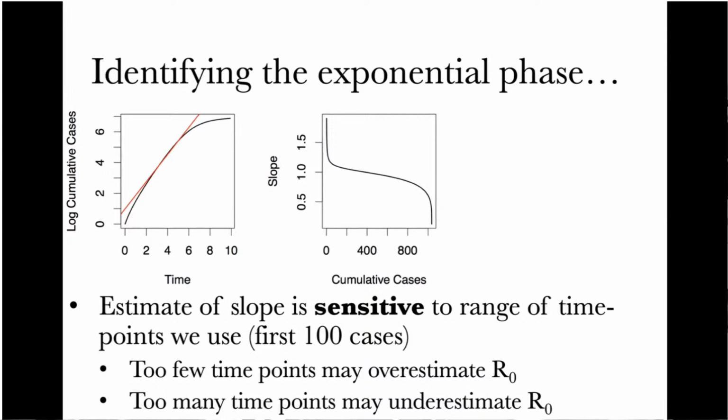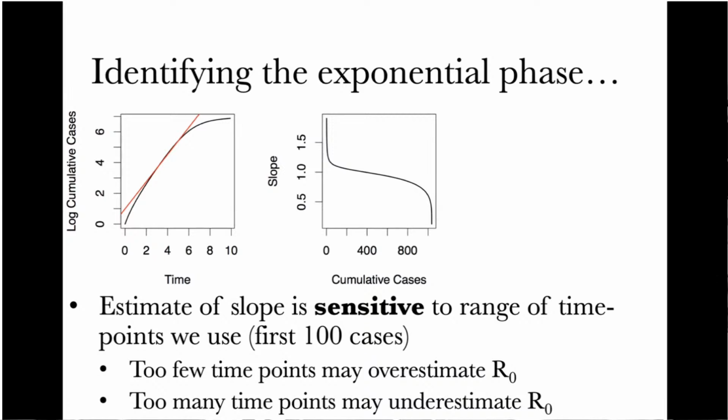Meaning early on when we pick a few, we had very high estimates of that slope, and beyond, say, 800, that slope starts to reduce. Meaning at these stages the slope is quickly changing.